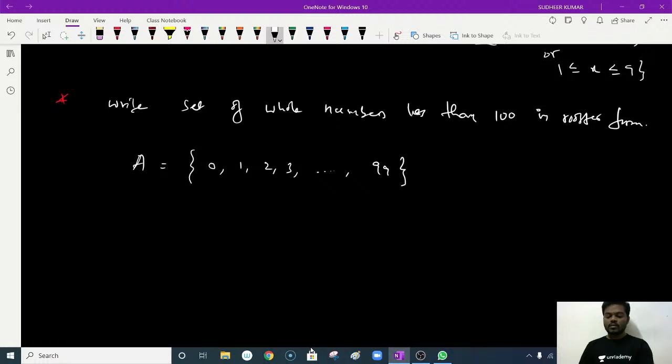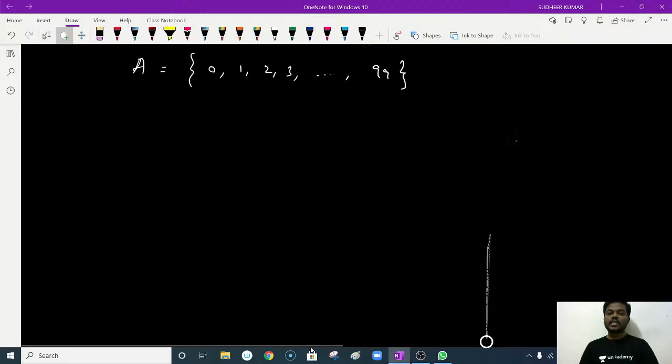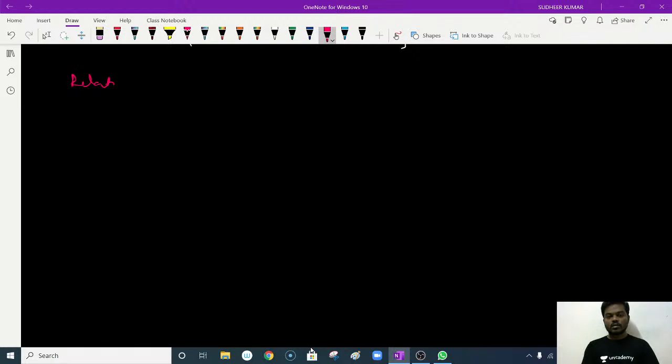The next one, let us go to defining the function. Sets are over, then relation. If we recall the relation, to define the relation, we should recall the Cartesian product of sets.